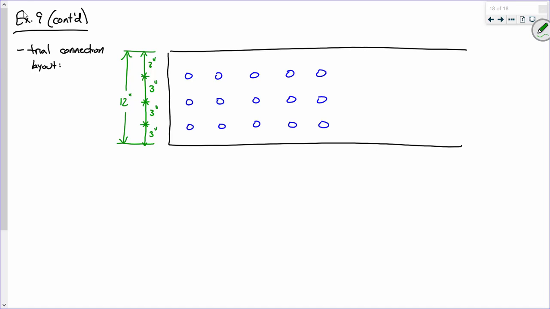Okay. Now, what else? What's this distance going to be? This one on the bottom. What is that? 1 inch. That's the edge distance.